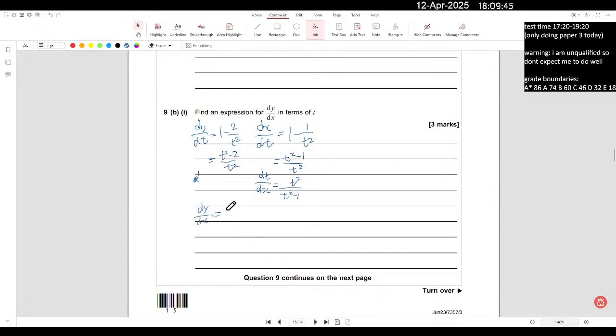So dy over dx equals dy over dt times dt over dx, which is t squared minus 2 times t squared over t squared times t squared minus 1. The t squared should just cancel out, so t squared minus 2 over t squared minus 1.